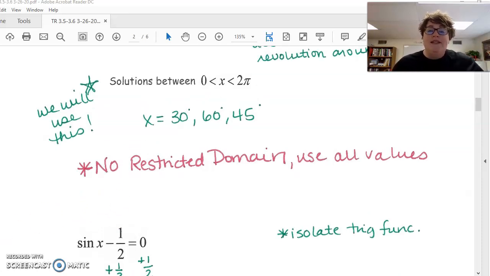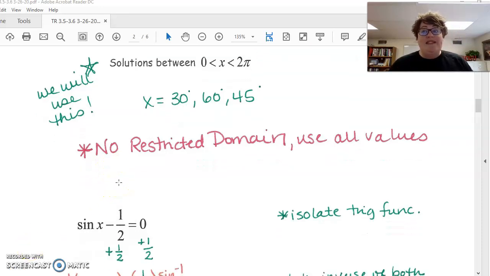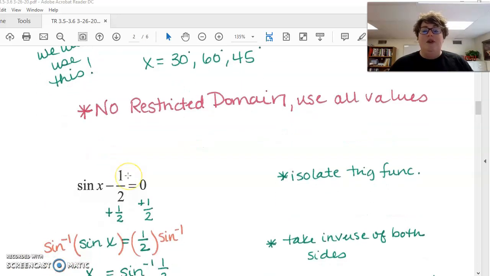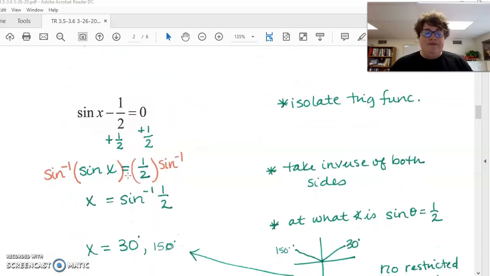The restricted domain does not come into play here, so we have to find all the places that this is happening. It's different than what we did in the last section, where we just used the restricted domain. When you're solving, you always need all the solutions in the interval. If you are using your calculator, you've got to find the other places that this is happening, because your calculator only gives you the restricted domain.